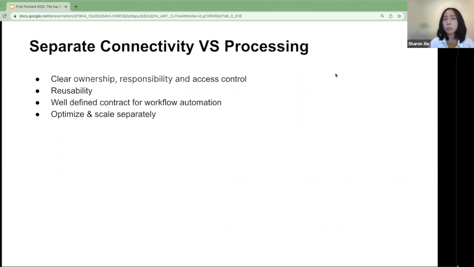This architecture also promotes reusability, so each stream can be consumed by multiple consumers, either being another pipeline to reprocess the records, or you can have multiple connections consuming the same stream. Also, the well-defined contract made it very easy for us to provide workflow automation.